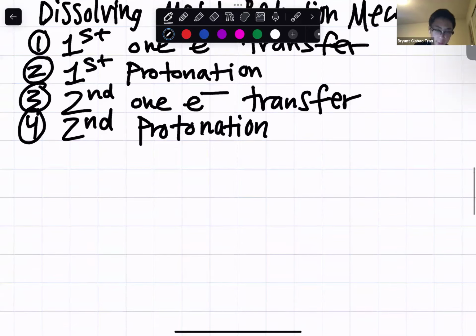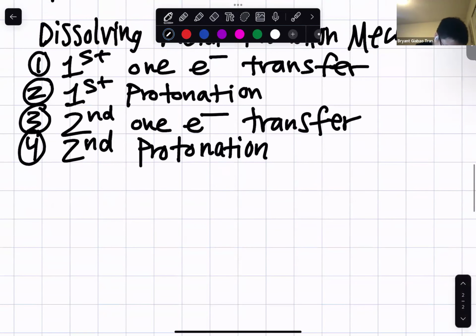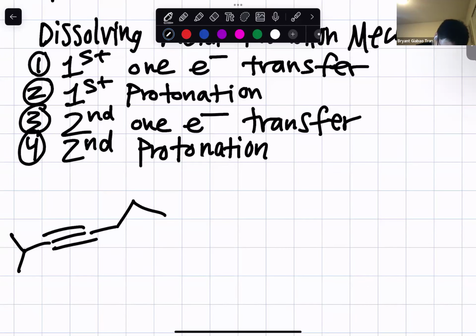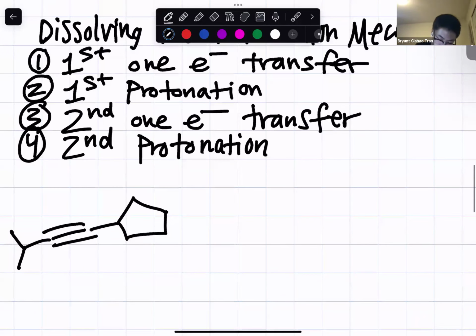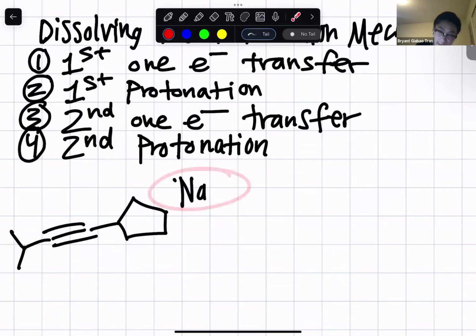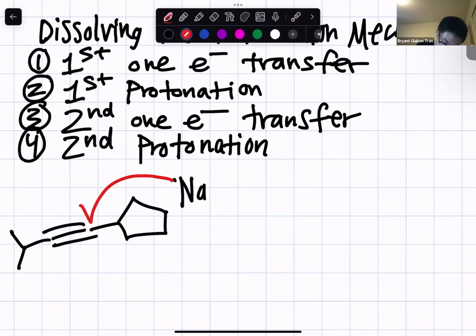Okay, so let's use this alkyne that we used in the reactant right here. That is internal, like that. The sodium radical has 1 electron right there. This sodium radical here is going to attack one of the carbons of the alkyne.